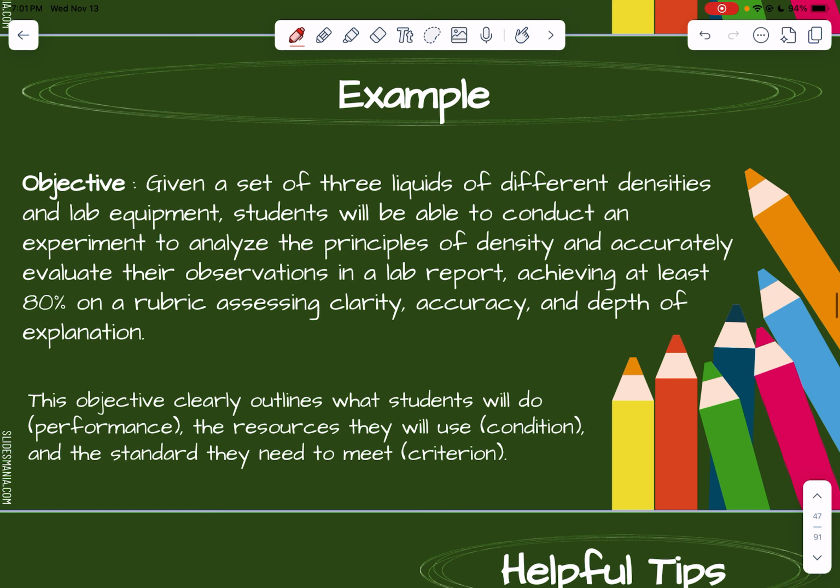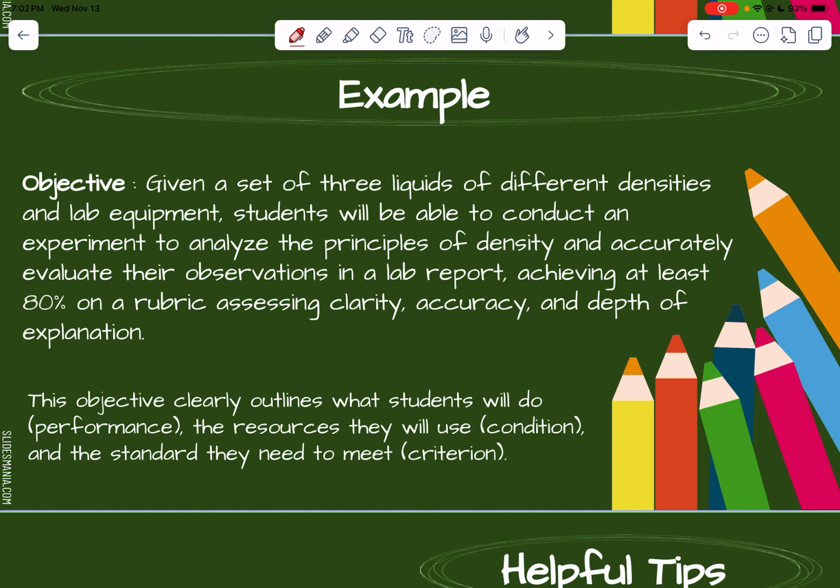So let's look at an example. Here's our objective. Given a set of 3 liquids of different densities and lab equipment, students will be able to conduct an experiment to analyze the principles of density and accurately evaluate their observations in a lab report, achieving at least 80% on a rubric assessing clarity, accuracy, and depth of explanation.